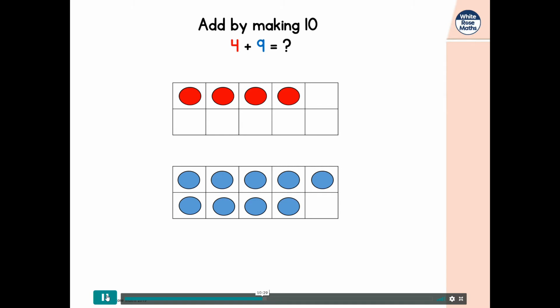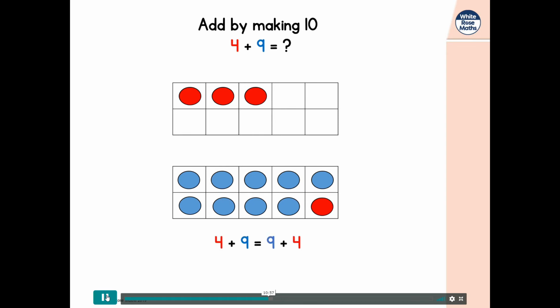Do you remember what we did last time? Well, each of the times, we brought those counters up. We used our number bond 4 plus 6 to make 10. But what if we thought about it this way? Exactly. We could bring 1 red counter down and make our 9 into 10.